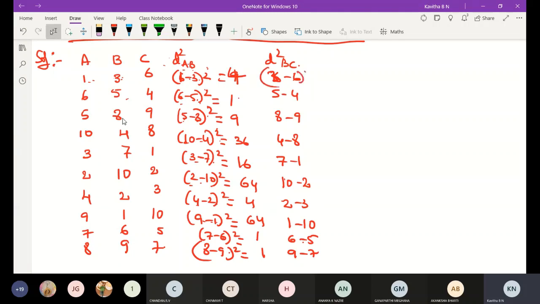Okay, whole square. Here, 8 minus 9 whole square, 4 minus 8 whole square, 7 minus 1 whole square, 10 minus 2 whole square, 2 minus 3 whole square, 1 minus 10 whole square, 6 minus 5 whole square, 9 minus 7 whole square. Okay.